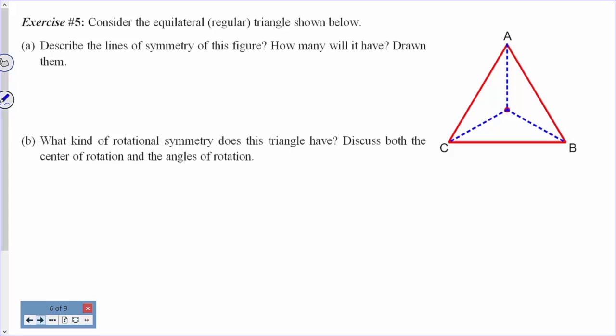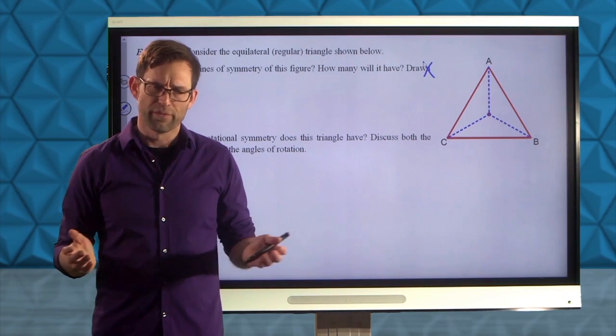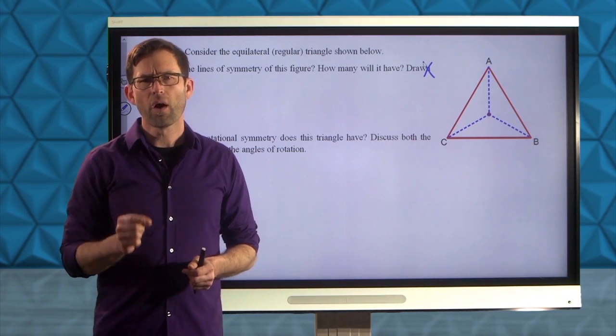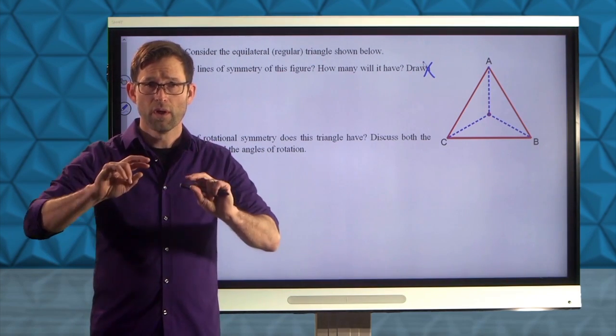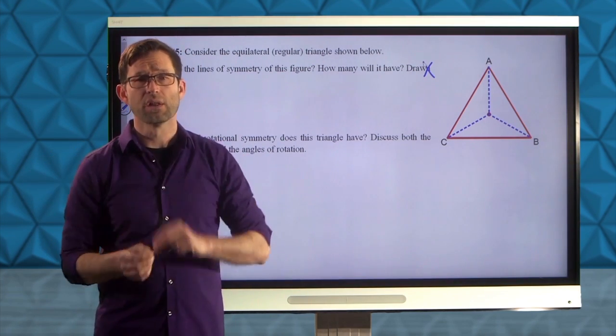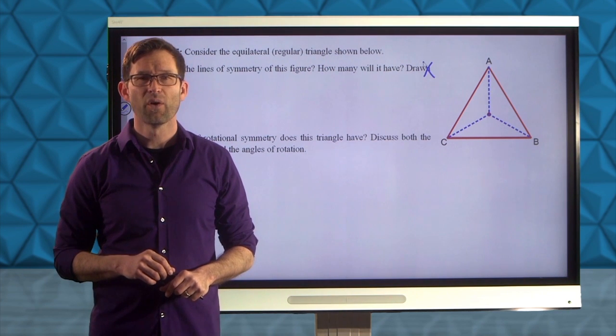Draw them. So, play around with this. Take out your pencil and try to draw on your lines of symmetry. And if you need to, take tracing paper so that you can flip across those lines to verify that they are in fact lines of symmetry. Go ahead.